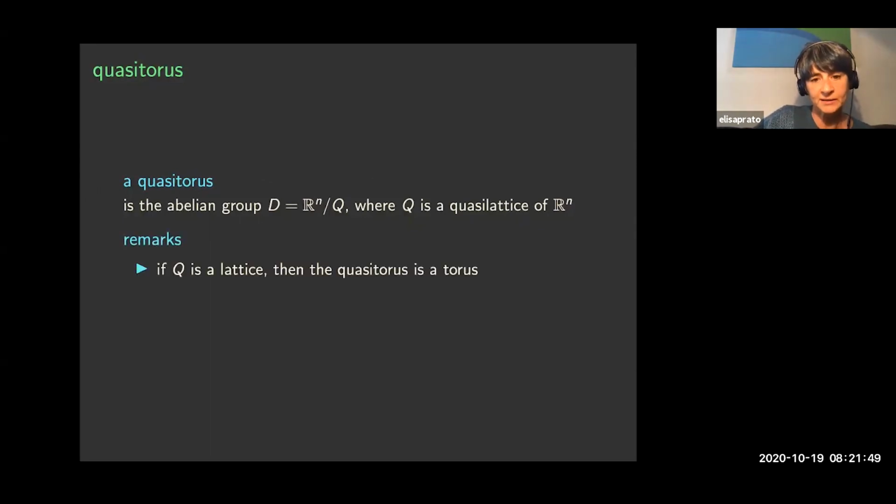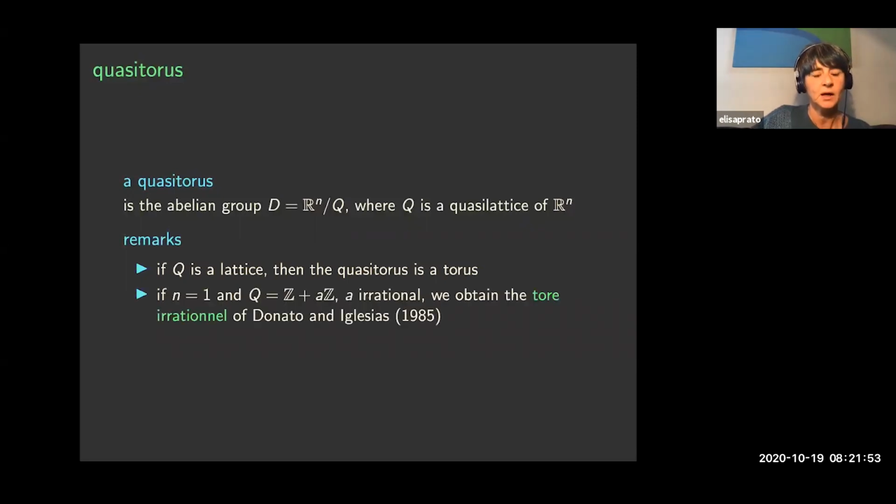If Q is a lattice, then the quasitorus is a torus, of course. And if n equals 1, the object is a well-known object. We can choose Q to be Z plus aZ with a irrational.